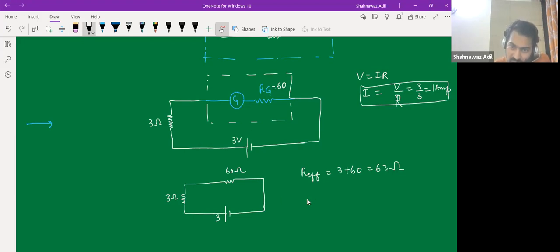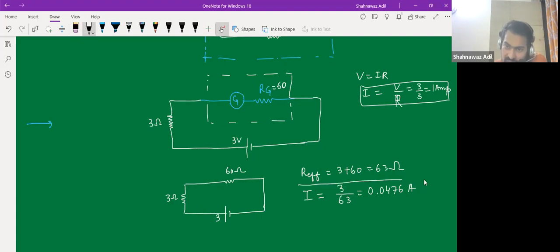So now what would be the current that I will get? Can you guys tell me how much this is? 3 divided by 63, which is 0.0476 ampere.